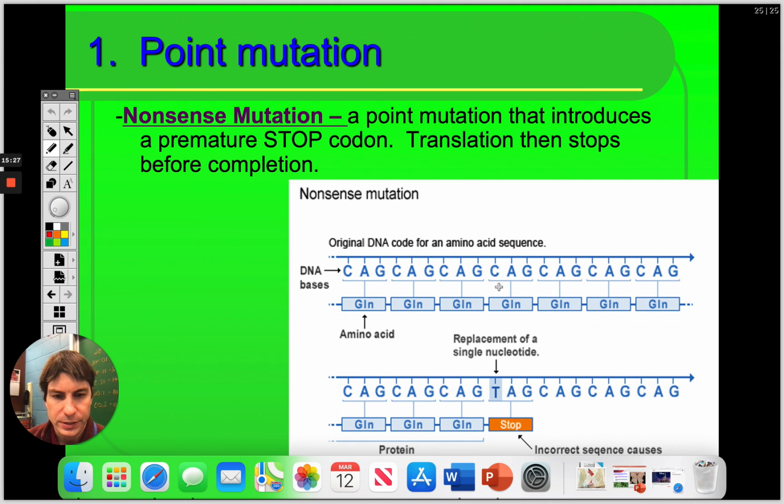So we have GLN, GLN, GLN, and then all of a sudden the C mutates to a T. And when we put this in our chart for our codons, that leads to a stop codon. This is called a nonsense mutation. So in a nonsense mutation, we get a premature stop codon.